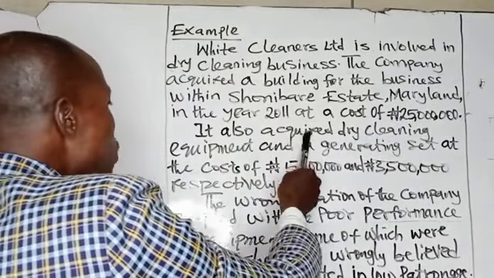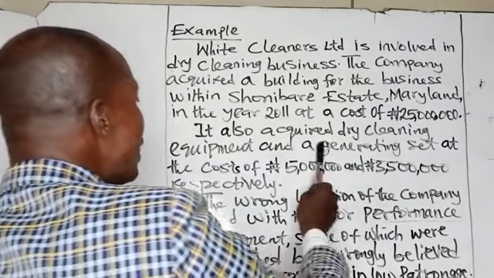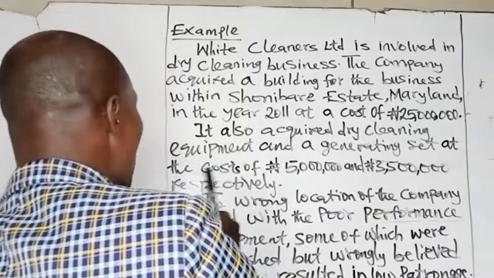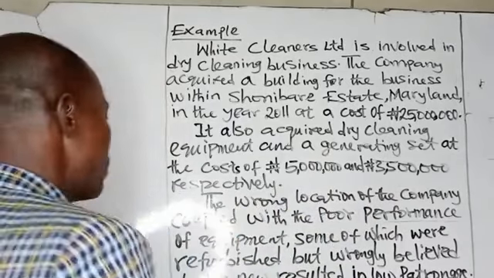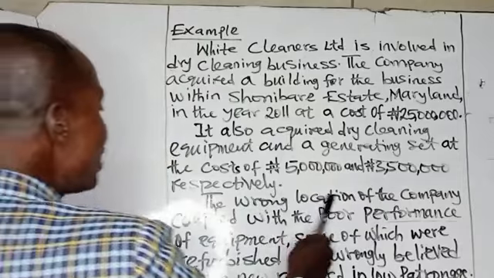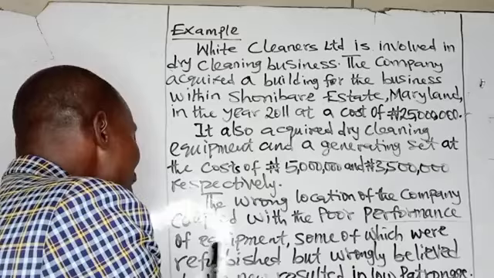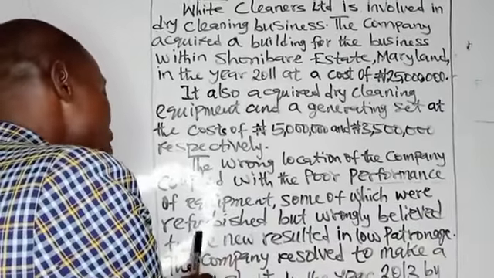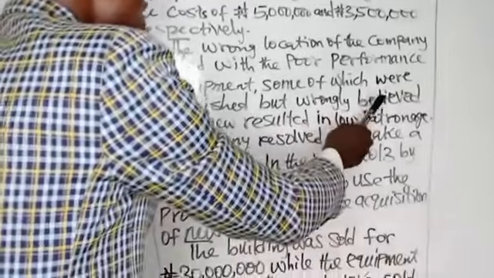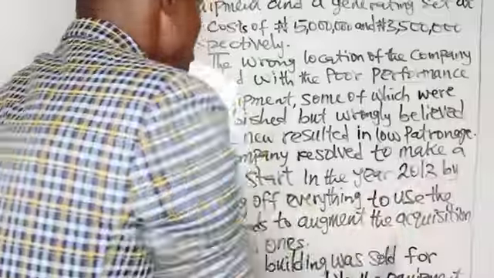It also acquired dry cleaning equipment and a generating set at the cost of 5 million naira and 3.5 million naira respectively. The wrong location of the company, coupled with the poor performance of equipment, some of which were refurbished but wrongly believed to be new, resulted in low patronage.